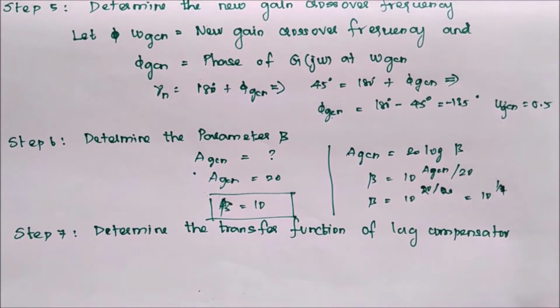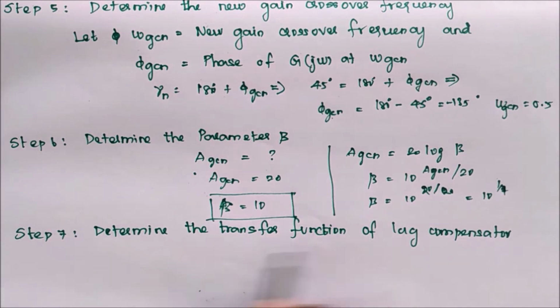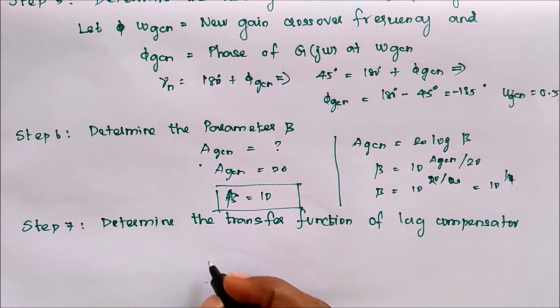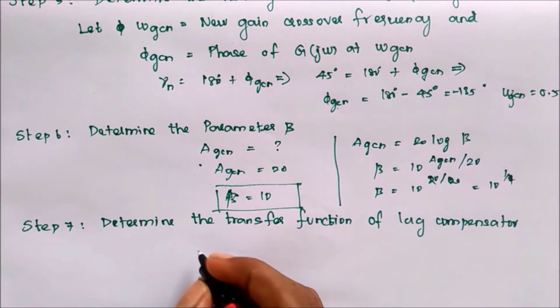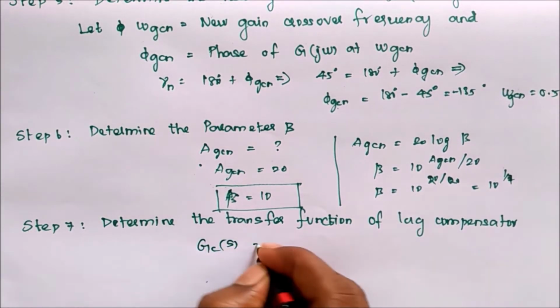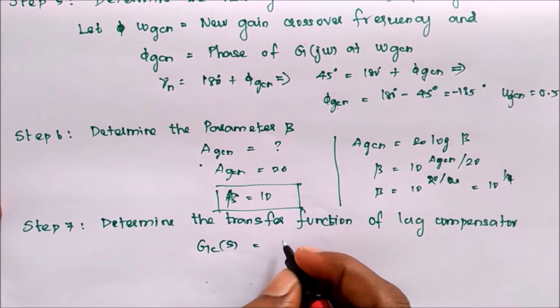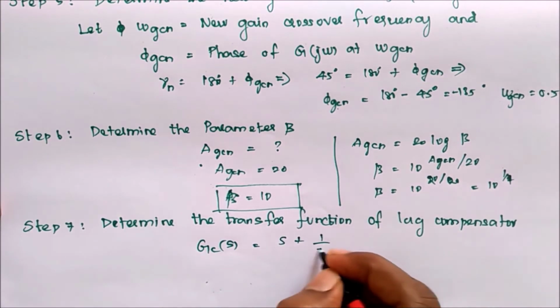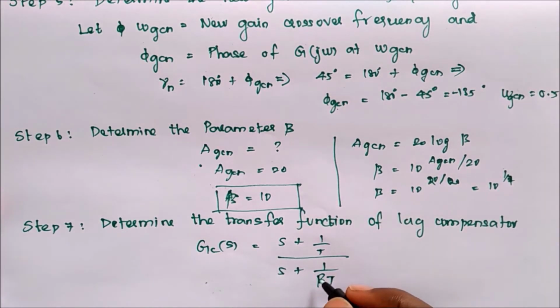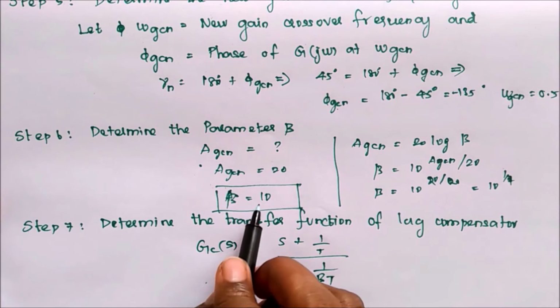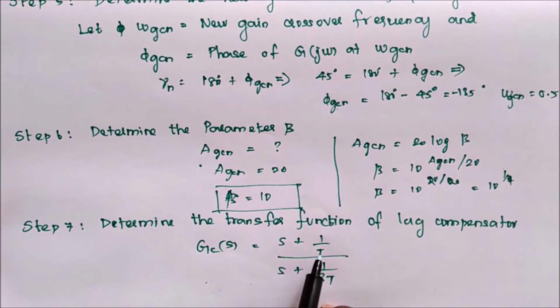Next we are going to form the transfer function of the lag compensator. The formula is GC of S equals S plus 1 by T divided by S plus 1 by beta T. We have calculated beta in the previous step, so in this step we have to calculate the T value.